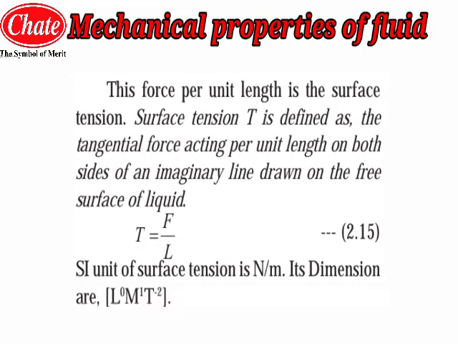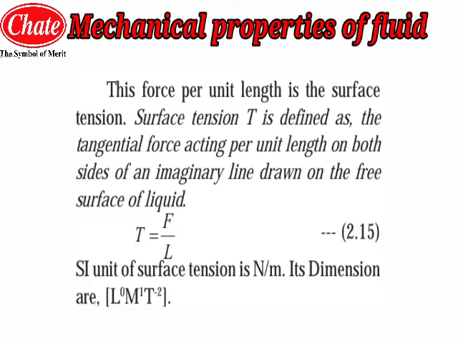Now this force per unit length is the surface tension, meaning the surface of that liquid behaves like a stretched membrane, and the force of that stretched membrane per unit length is nothing but the surface tension. The surface tension T is defined as the tangential force acting per unit length on both sides of the imaginary line drawn on the free surface of the liquid.